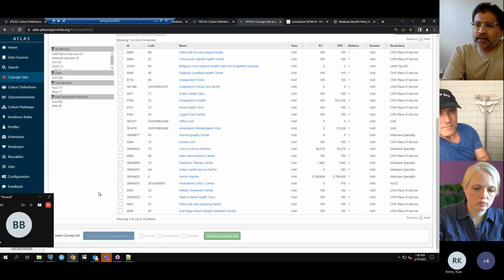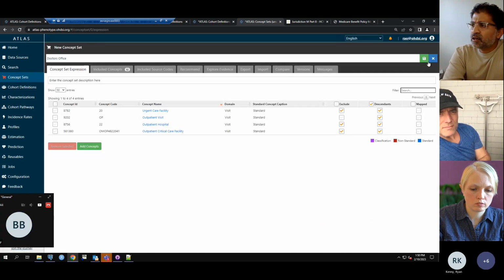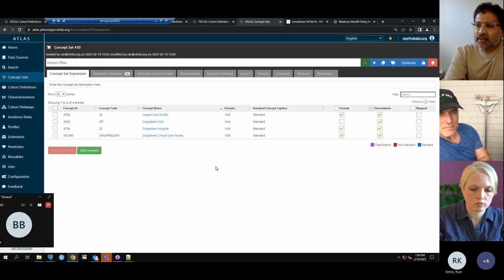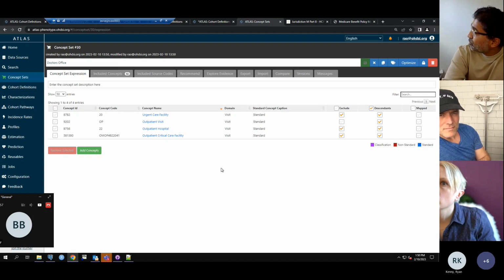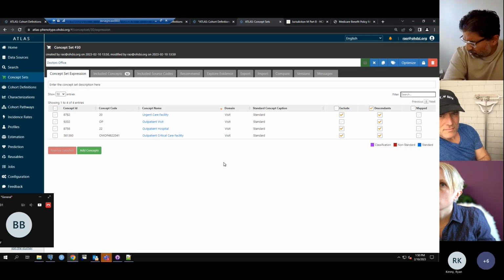Yeah, so right now, this is the concept set expression that I'm proposing to represent the idea of physician visits with prescription, where we're looking for the prescription where we're looking for the diagnosis of anaphylaxis.